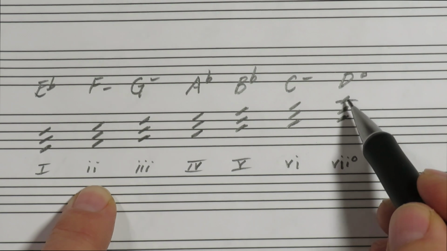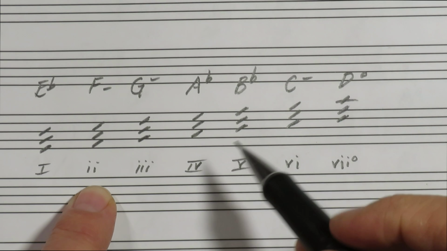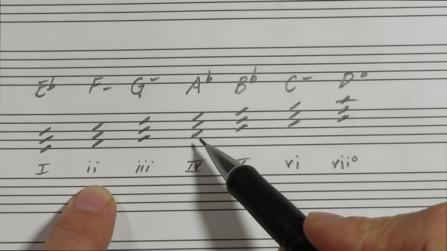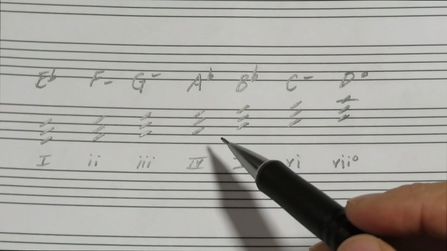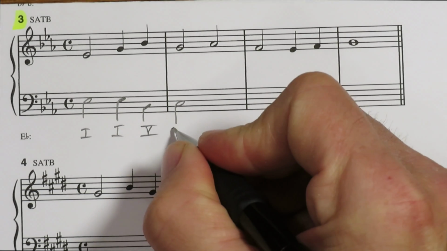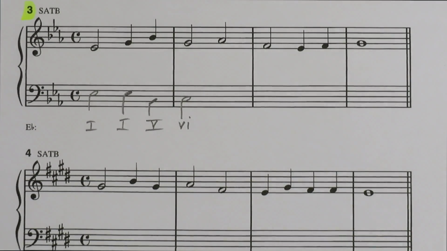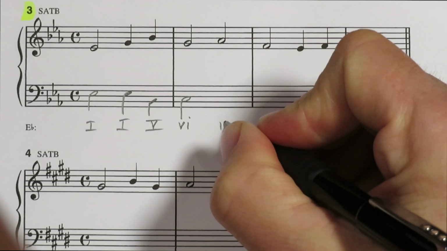But we're not to use diminished triads in this exercise, so we can choose the 2 chord, or we can choose the 4 chord. And since this is the 6, why not try the circle of 5ths type progression and go to the 2.